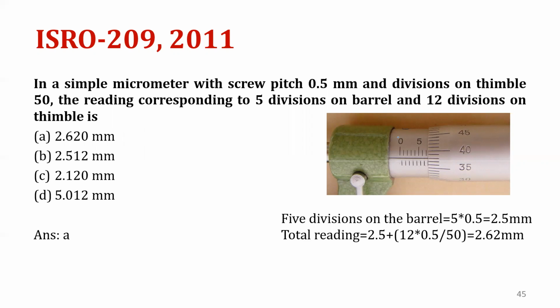So 5 divisions on the barrel is equal to 5 into 0.5, you will get 2.5 mm. And 12 divisions on the thimble: 50 divisions is equal to 0.5 mm, so 12 divisions is equal to 12 into 0.5 by 50. So the total reading is equal to 2.62 mm.